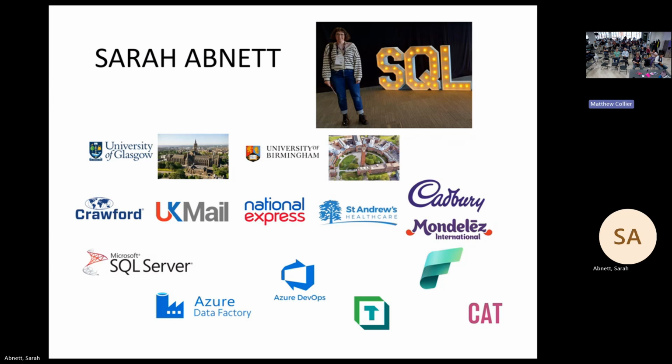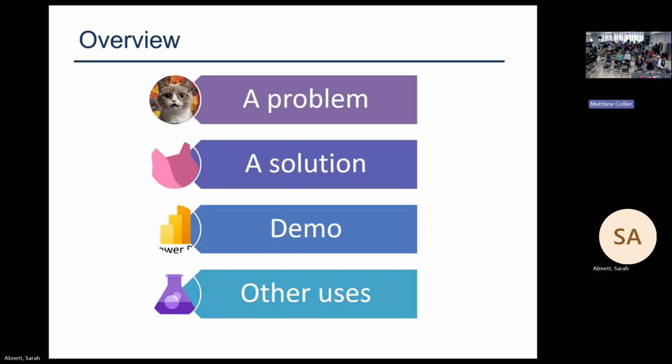Azure DevOps is one of my favourite tools, I think, largely because I'm motivated by those green ticks that you get from your pipelines in Azure DevOps. I'm also a big fan of Tabular Editor, which is great for looking at these semantic models. If anyone's not had a go with that. And Fabric I've used a little bit. And then the tool I'm here to talk about today is CAT. Yeah, you may not have heard of it, but hopefully you'll be interested to find out more after today.